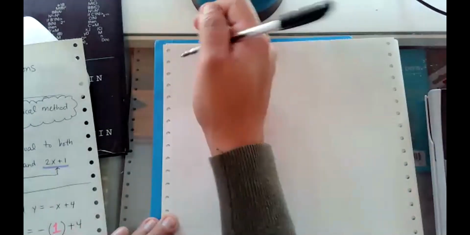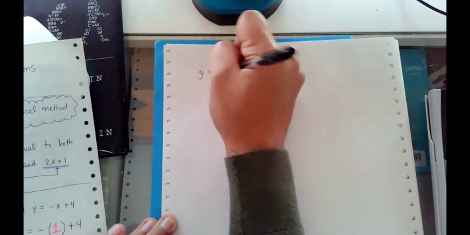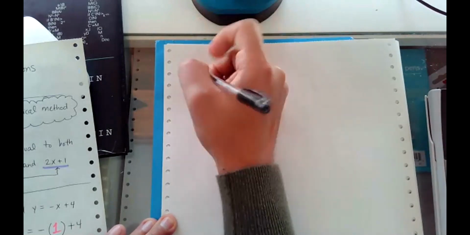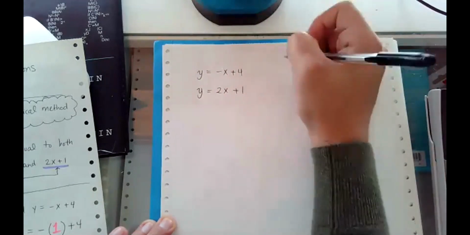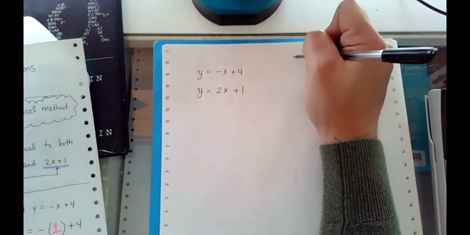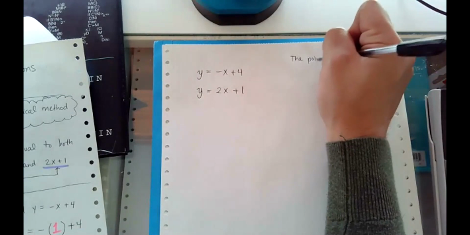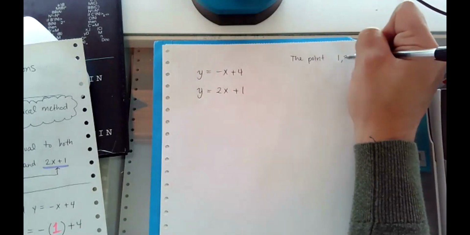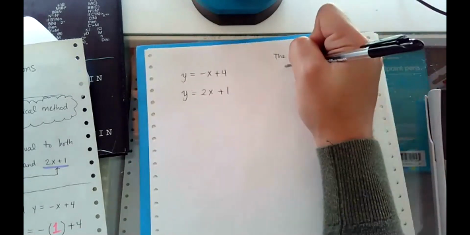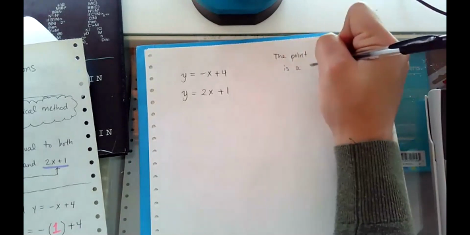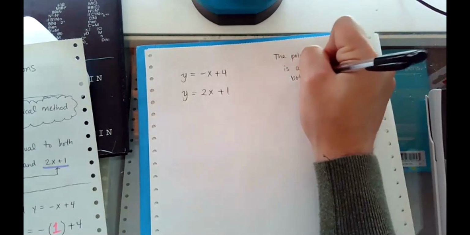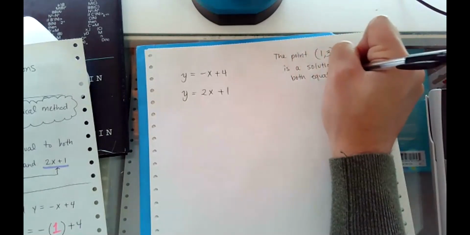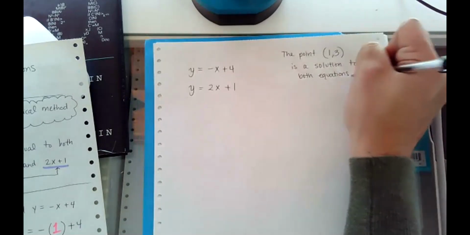So let me write down the system of equations again. y is equal to negative x plus 4. y is equal to 2x plus 1. And we said that the point 1,3 is a solution to both equations simultaneously.